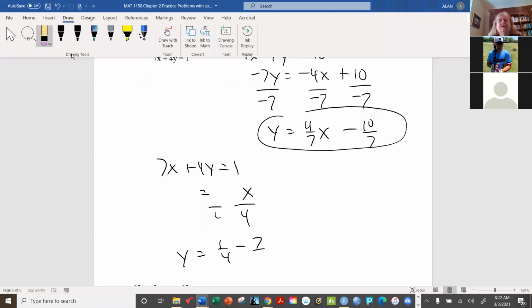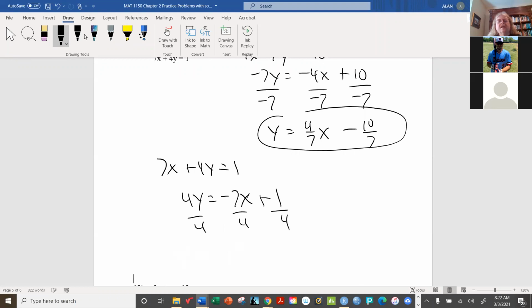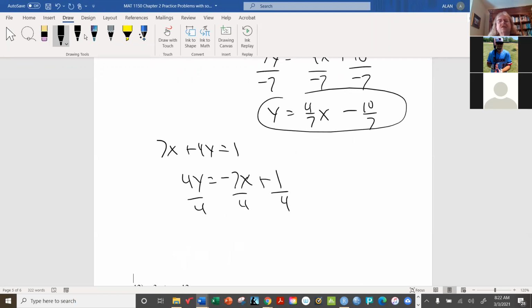Not that it really matters, but I'd rather have the x come first. Let's write it like this. That's better. I've subtracted the 7x. Now when I divide out that 4, it'll be lined up just right. Y equals -7/4 x plus 1/4.